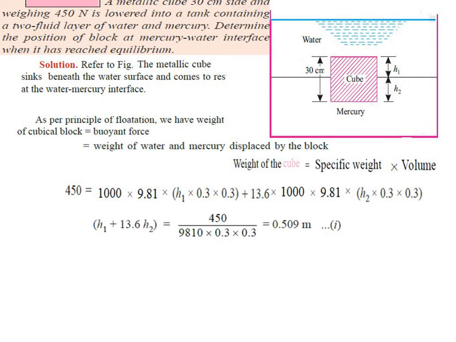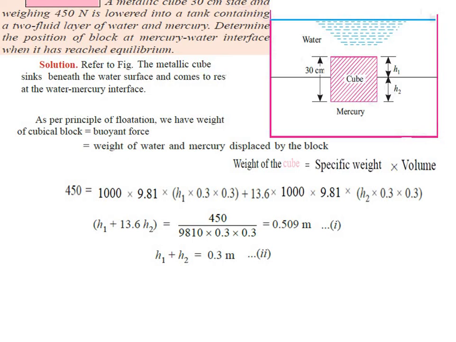Now the equation will be developed in the form of H1 and H2. So H1 plus 13.6 H2 is equal to 0.509 meter. Call this equation 1. And we know that the total height H1 plus H2 is equal to 0.3 meter.